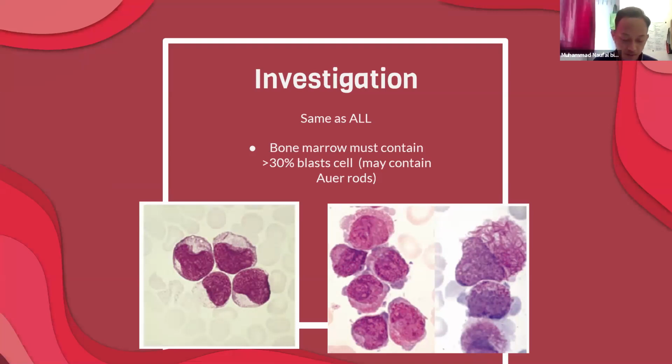The first one we can see is a blast cell without differentiation, and it shows Auer rods as you can see there. And the next picture is an M3 blast cell which contains prominent granules with multiple Auer rods.